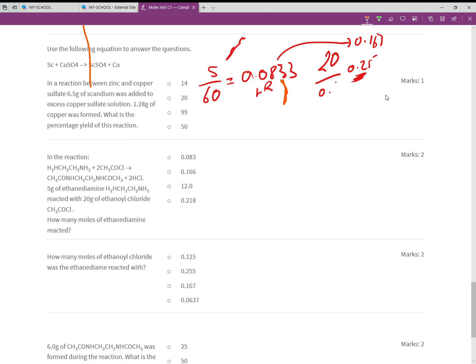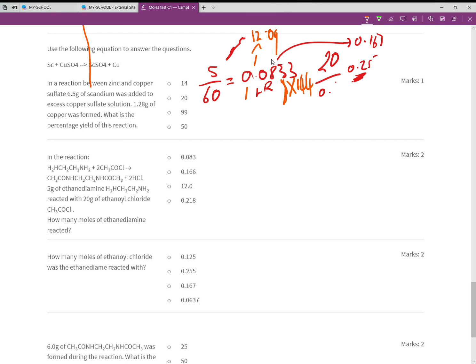So that's an RFM of 144 multiplied by 0.0833. So we're multiplying that by 144. We should therefore have made a mass of 12 grams.